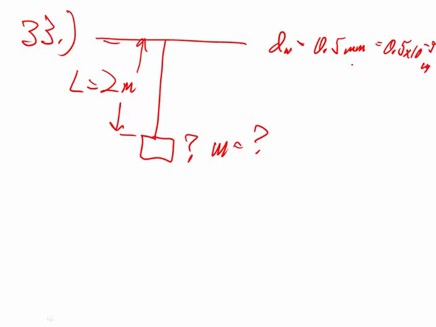And we're going to stretch it, so the change in L, delta L, is going to be 1 times 10 to the negative third meters, because it says 1 millimeter. So we want the change in length to be that.